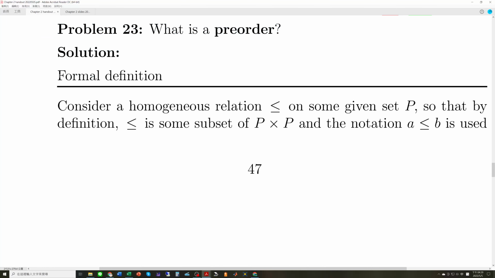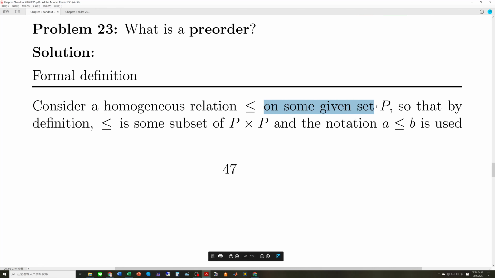Solution: let us see the formal definition of a preorder first. Consider a homogeneous relation smaller than or equal to on some given set P, so that by definition, smaller than or equal to is some subset of P times P, where times is the Cartesian product.